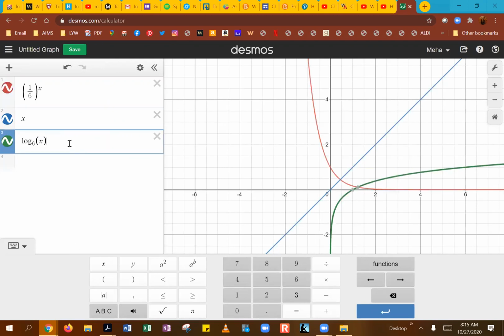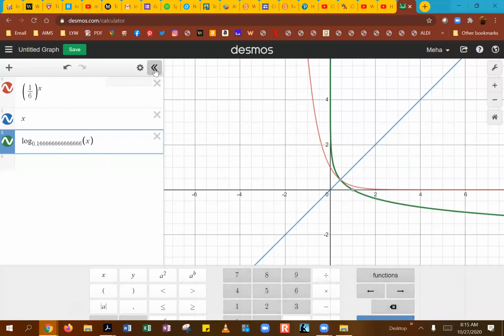And then to do the base of 1/6 with the logarithmic function, I was working on this yesterday and it didn't seem to let me type in a fraction. Possibly I'm doing something wrong, but just to save time, I'm going to go ahead and put my decimal equivalent for 1/6. So you at least get to see what the graph will look like.